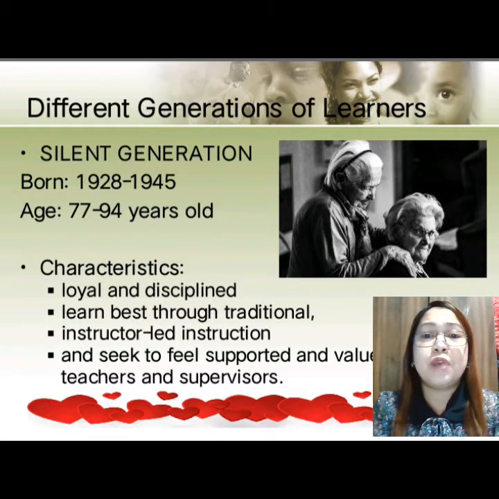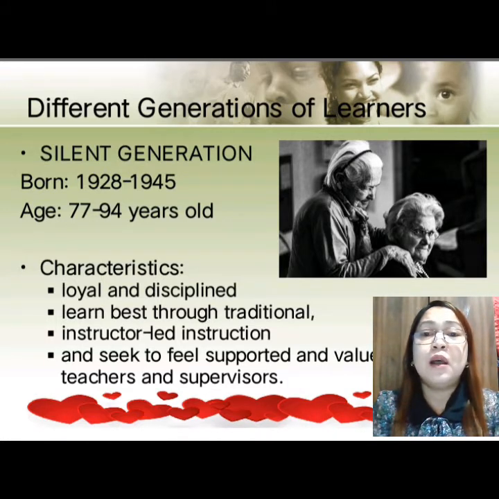The silent generation are those individuals born between 1928 and 1945. Their ages now are from 77 to 94 years old. Traditionalists or the silent generation are loyal and disciplined.